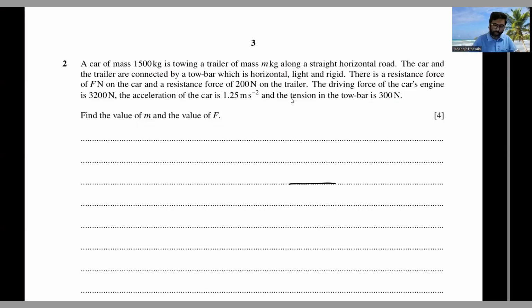Okay, this is the horizontal road. The car is modeled by a particle. The trailer is also a particle. Now they are connected by a light, horizontal and rigid tow bar.